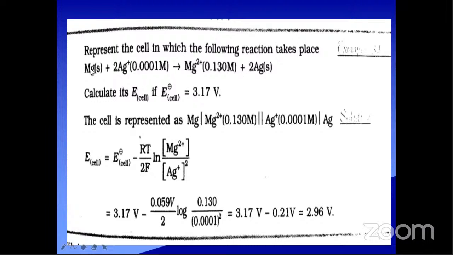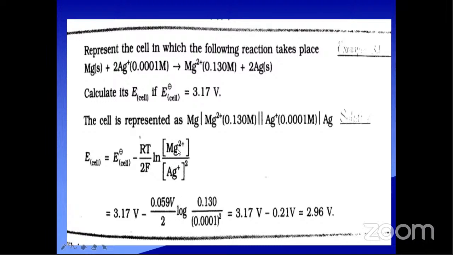How many electrons are involved? Magnesium is converting into magnesium 2 plus, that means magnesium is losing 2 electrons. Meanwhile, Ag plus is multiplied by 2, that means it is gaining 2 electrons. So completely in this reaction 2 electrons are involved. That's why N equals 2.